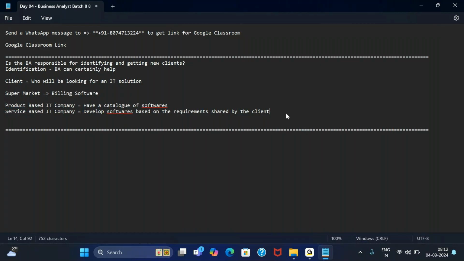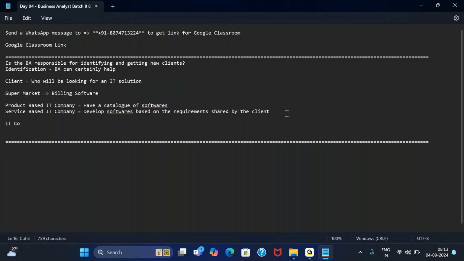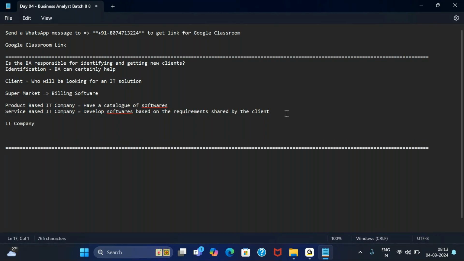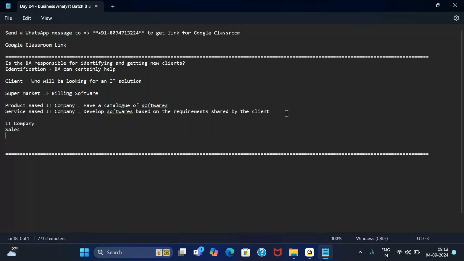Okay, now in this entire journey, remember that a business analyst is not responsible for talking to clients, asking them to buy our product, to use our services. No, every IT company, whether it is product based IT company or service based IT company, will have certain divisions or departments that is called sales and marketing teams.